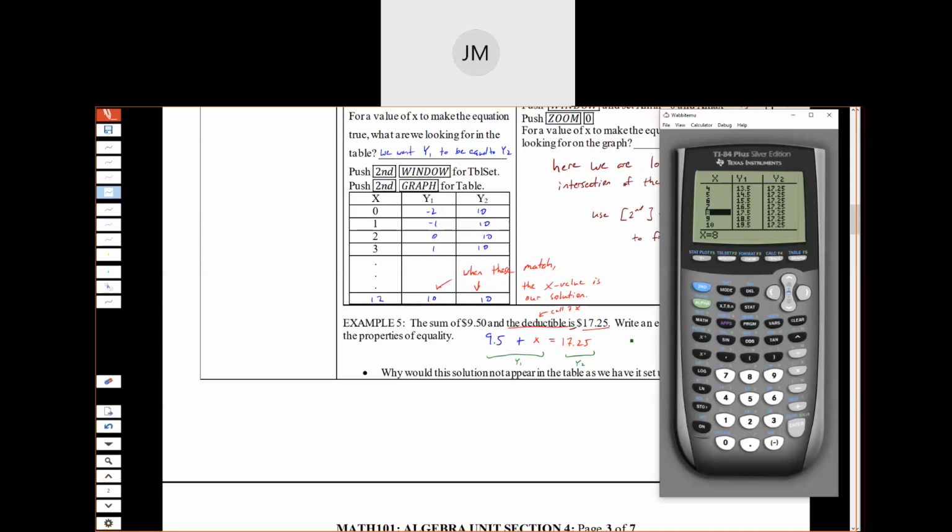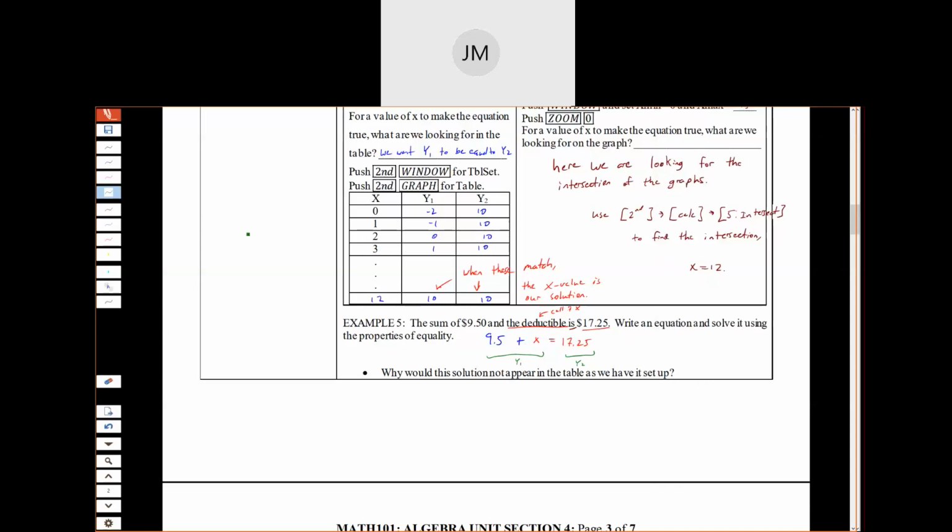And if my solution is not a whole number, then it's not going to show up on the table. Okay. The solution is not a whole number, but the table is only giving me whole number values for x.